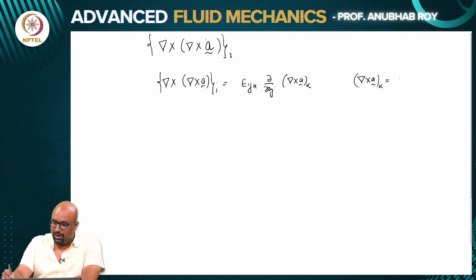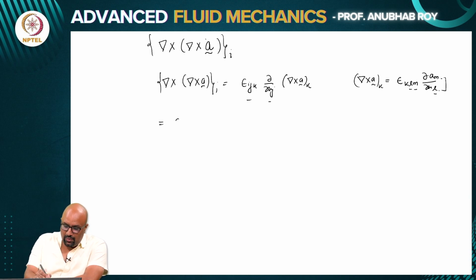The kth component of curl of A is epsilon klm dou am dou xl. Now, here you just pay attention to one thing, that I am choosing different letters for the repeated indices than what I have already used so far. I do not want to use i and j here because I have already used i and j earlier. So, when I am trying to find the kth component of curl of A, I am using l and m.